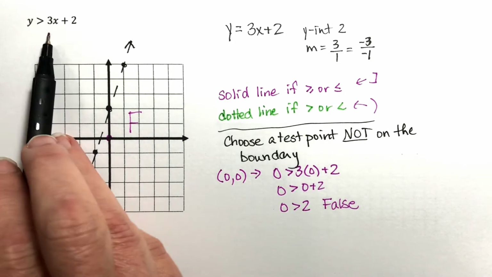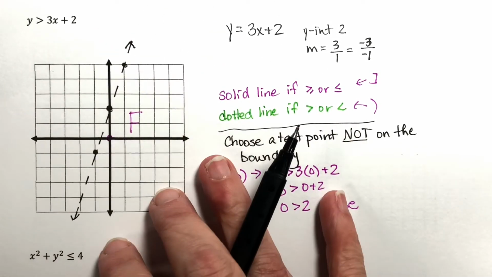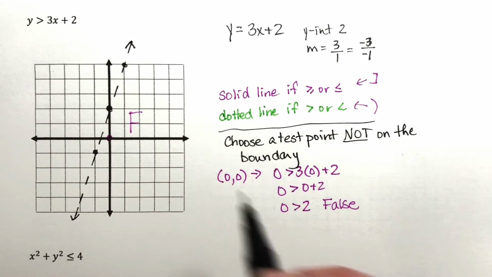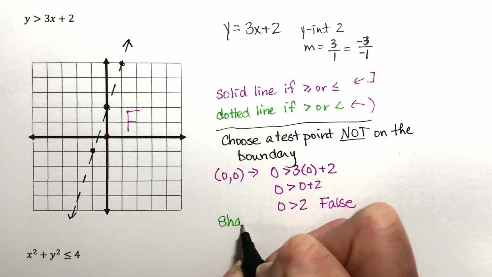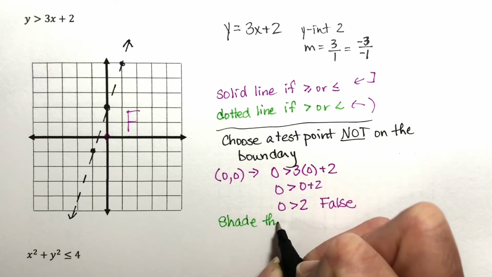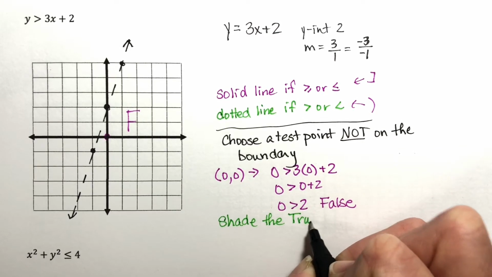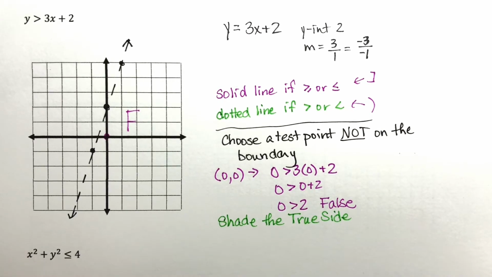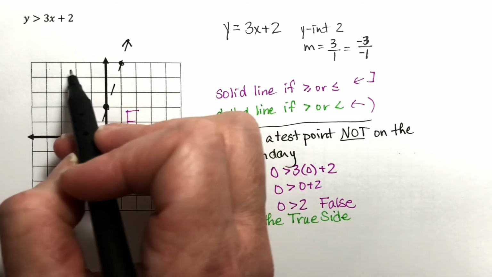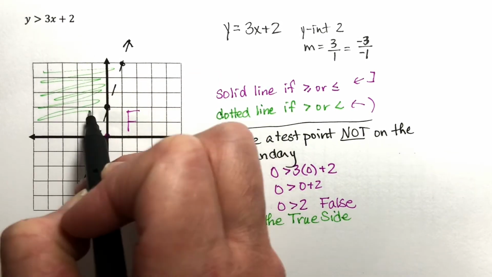Now, anytime you have an inequality, you will be graphing and you will be shading, and we always shade the true side. In my math lab, you will see a little paint bucket, and you'll click that and click on the side that must be shaded.